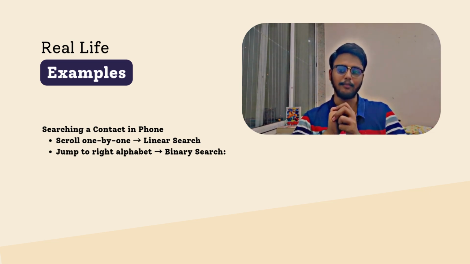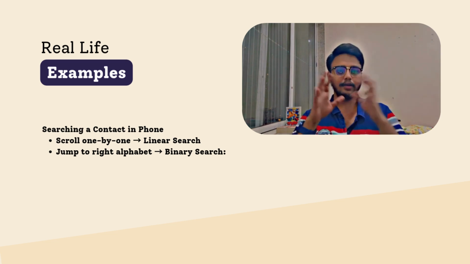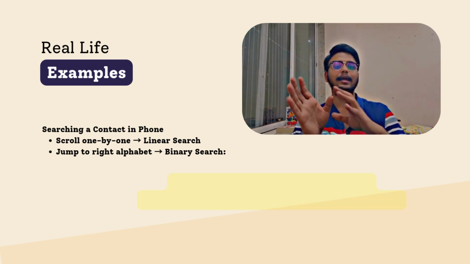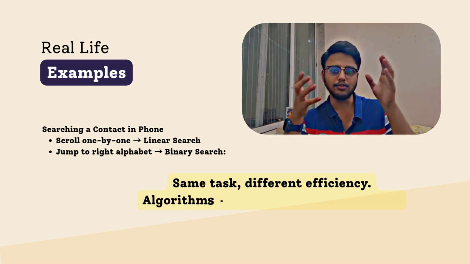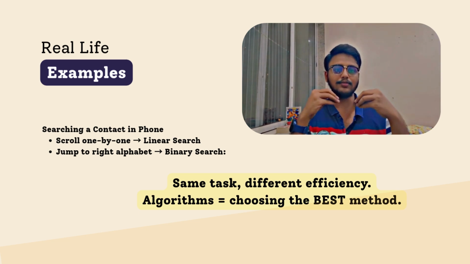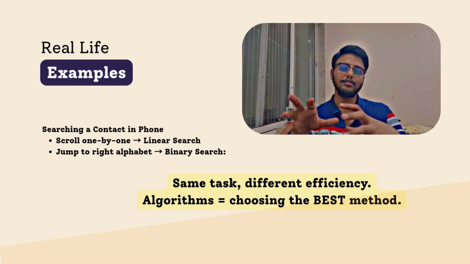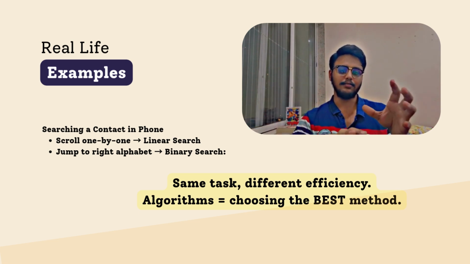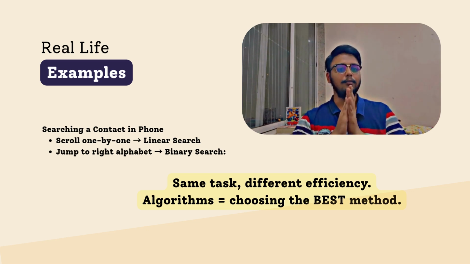So same problem, different algorithm. One problem can have many different solutions, but from those we have to choose the one which is technically and viably important to us, which will give us the results faster and more accurately. Algorithms allow us to choose the best possible method for a given problem. Understanding the logic behind the algorithm provides us with the best possible means for the given problem.